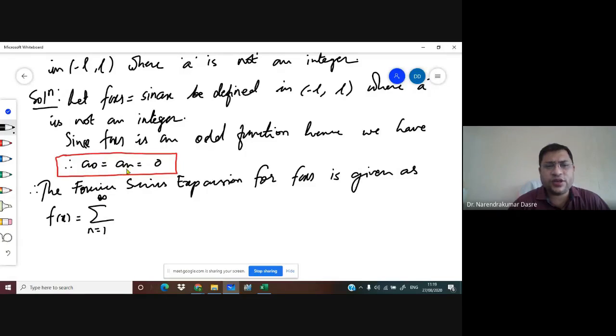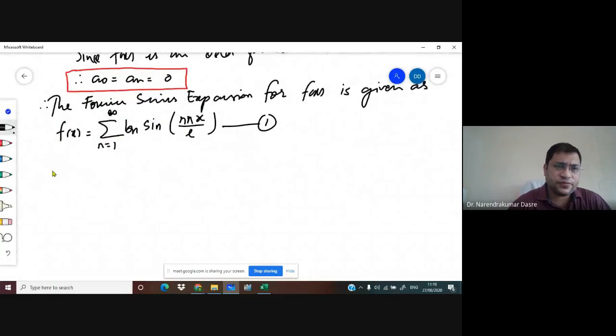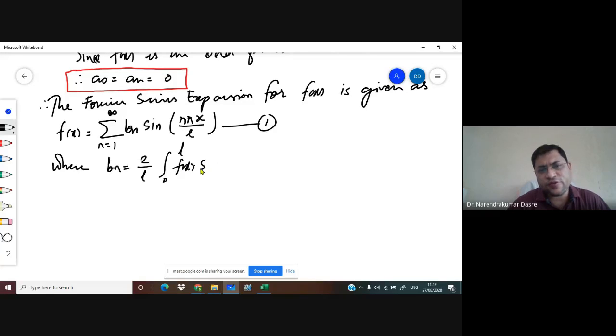Now see, a0 is 0, an is 0, so there remains only bn. And you'll have sine of n pi x by L. So let it be 1, where bn is equal to 2 upon L integral 0 to L f of x sine of n pi x by L dx.